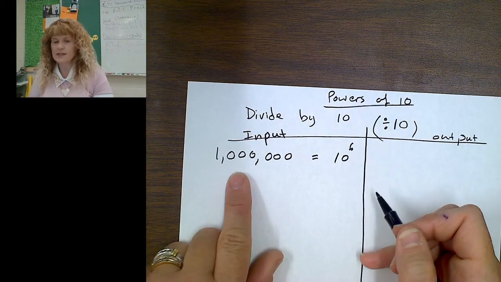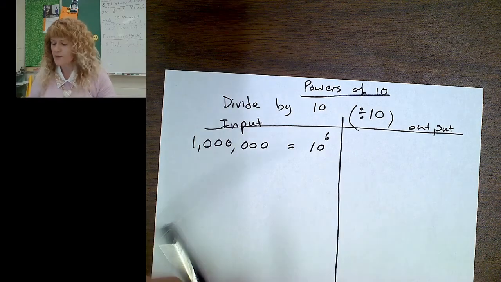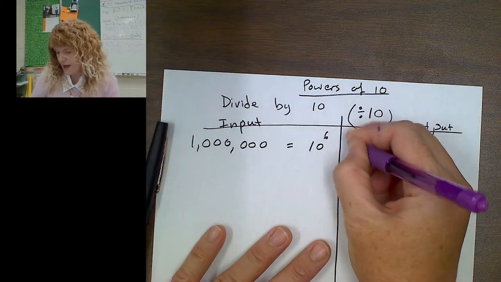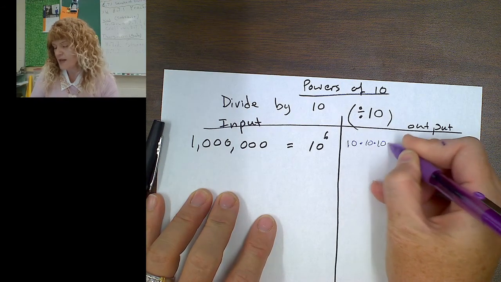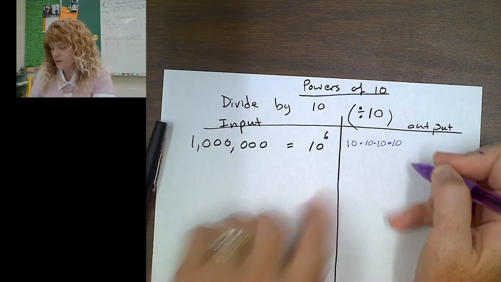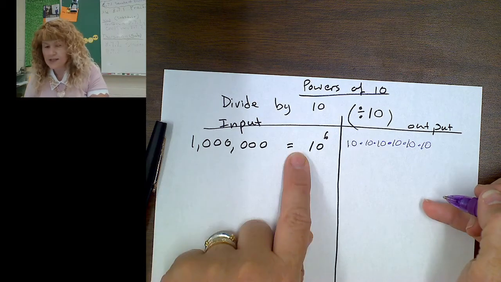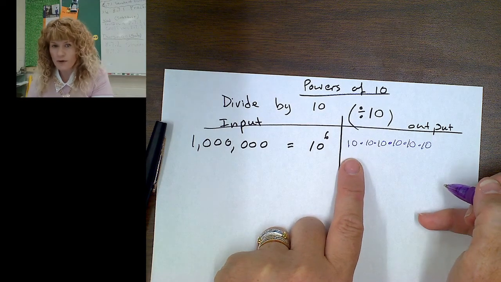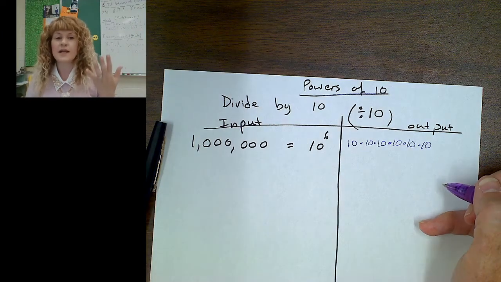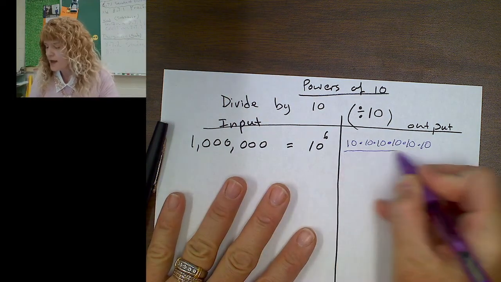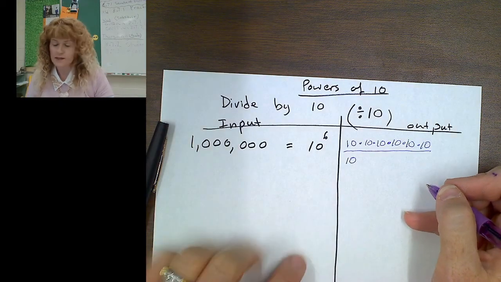Okay, so what is 10 to the 6th divided by 10? I'm going to write this one out to help you see that 10 to the 6th in expanded form is 10 times 10 times 10 times 10 times 10 times 10. We're multiplying 10 six times. And I'm saying, let's divide that by 10. Now divide by 10, what happens?